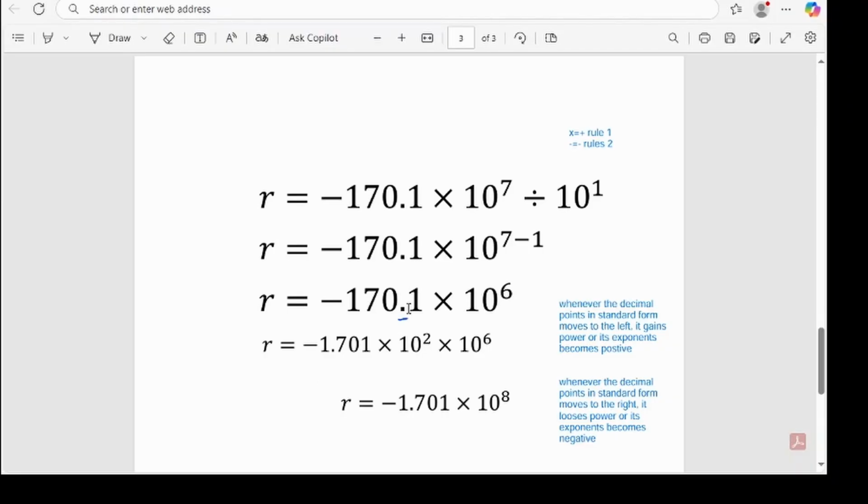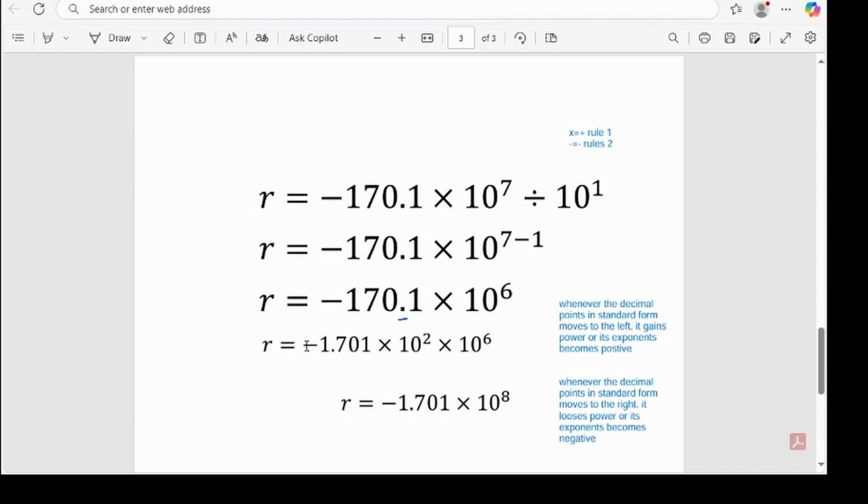So here, to make 1 a perfect number, we are going to move the decimal point to the left side. We are going to move it 2 times, 1, 2, before it can become a perfect number. So that means the exponent would gain an additional 2 values.